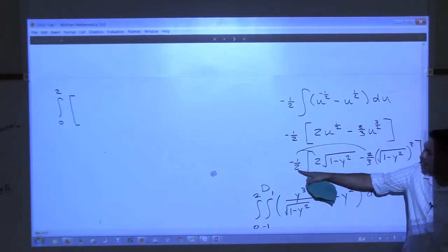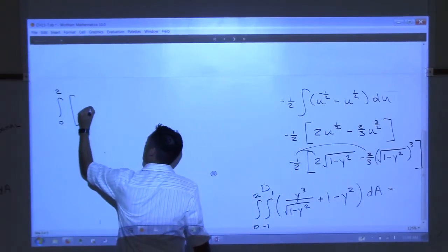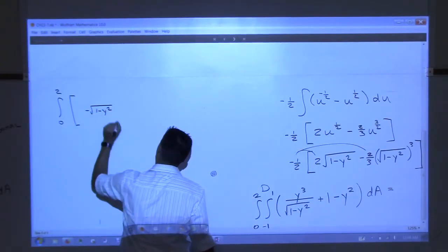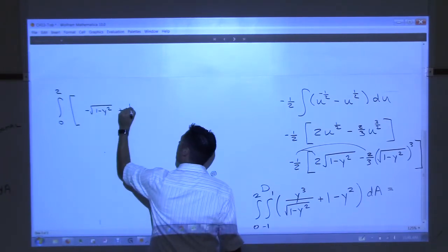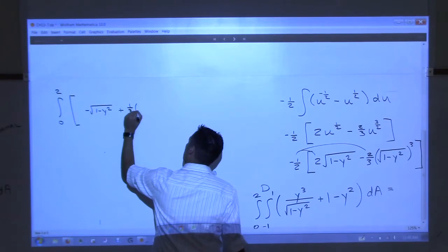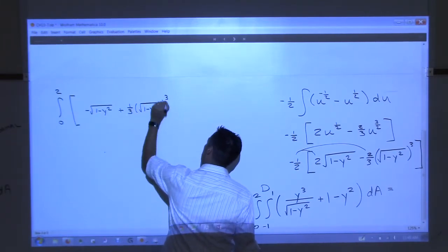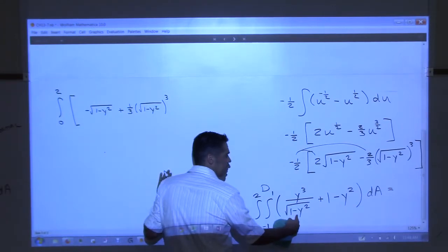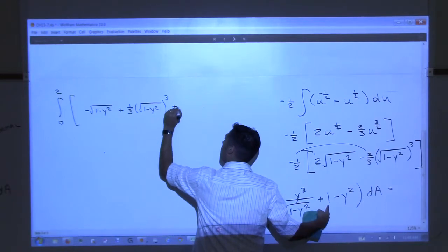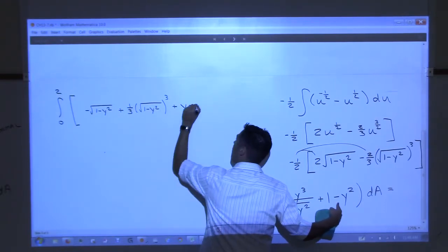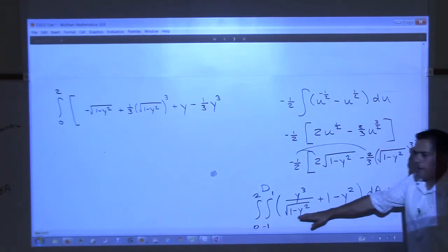So this is going to be minus square root of 1 minus y squared, and then plus 1/3 square root of 1 minus y squared, but that cubed. That's the antiderivative of this, plus y minus 1/3 y cubed. So that's my antiderivative of everything in here.